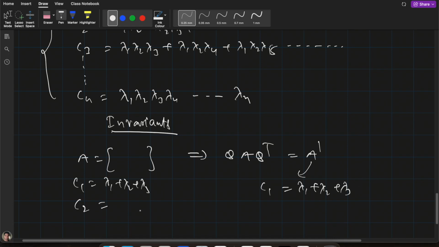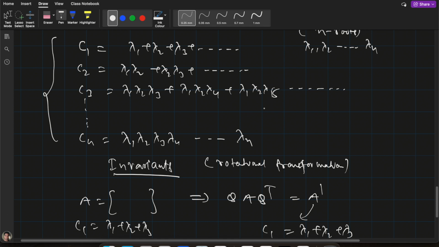Similarly, when you find C2, these invariants will not change. That's why it is called invariants. When you do any kind of coordinate transformation, not translational, only rotational, your invariants will remain the same.